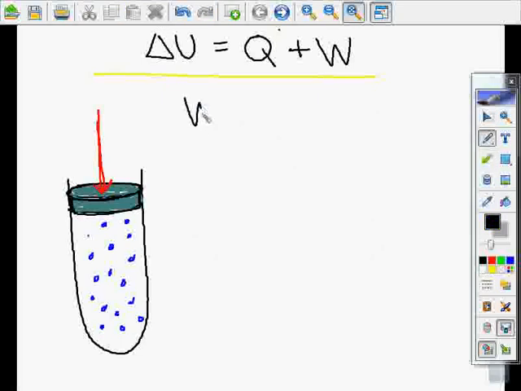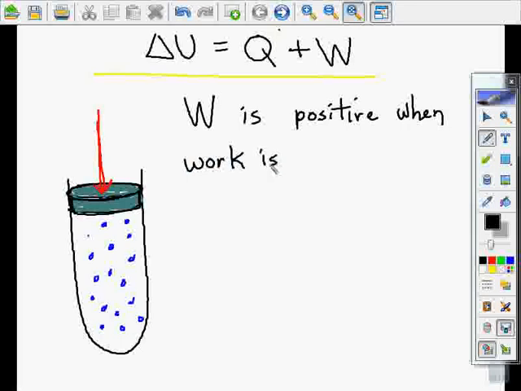Now work. Work is positive. W is positive when work is done on the gas. In other words, the piston is going to be pushed down.